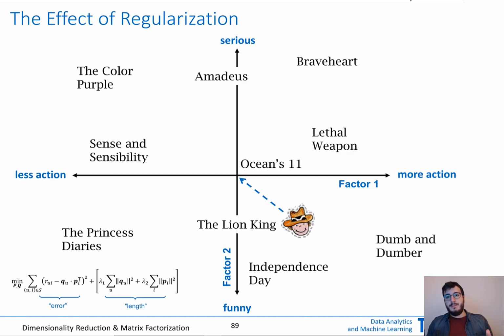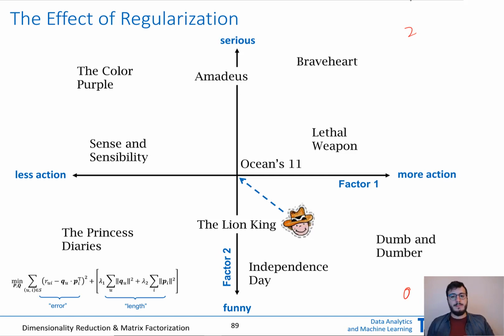Now, if the movie has very few ratings, then out of the two terms, the error term will not be as dominant, and the regularization term will be more dominant, which means it will pull the movie close to the center, so this movie is undetermined, so to speak. On the other hand, if the movie has many ratings, the error term will dominate, and the regularization term will not be as strong, which means the movie will be free to be, for example, over here or over here, so be more determined in some sense.